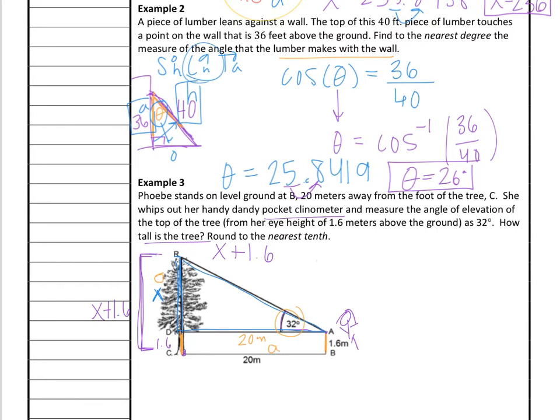O and A, if you think of SOHCAHTOA, tells us to use TOA. Opposite over adjacent. So we have tangent of our angle, 32, is equal to the opposite x over the adjacent 20. Go ahead, take a minute to solve this for x. Hit play when you're ready to see my work and see the answer for x.